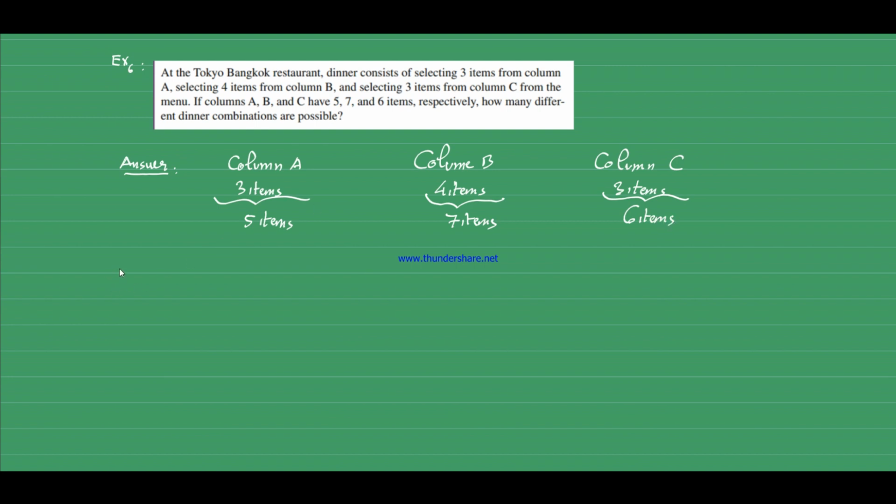So we pick 3 out of 5. In order to create a different combination, we do C5 3, C7 4, and C6 3. In order to get the total, you multiply these.